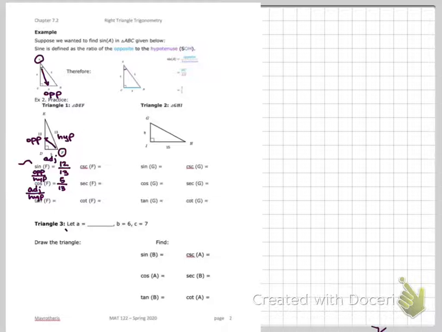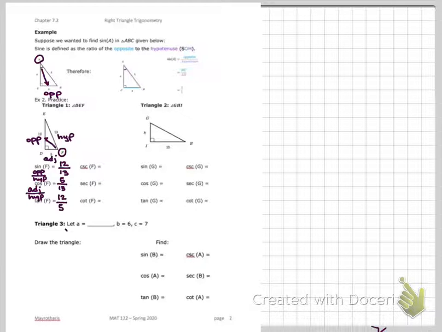Tangent, opposite over adjacent. So we have 12 over 5. And that's it. So the other 3 functions, if you go back to the notes on page 1, are just the reciprocals of the basic trig functions.